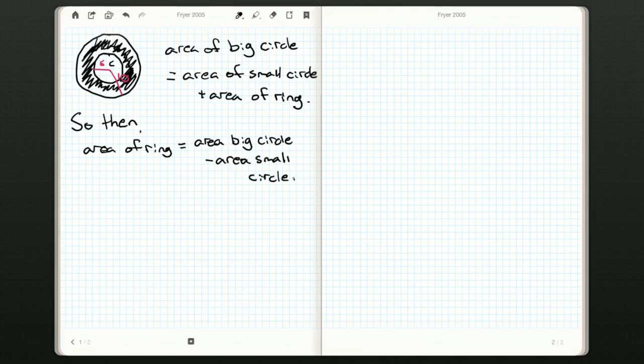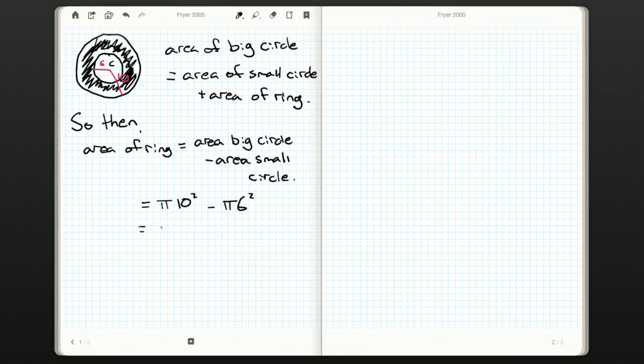We realize that to get the area of this ring in here, we just take the area of the big circle minus the area of the small circle. Okay. Area of the big circle, well, it's got radius 10. So we know pi r squared is the area of a circle. So pi r squared, well, the radius is 10. And we have to subtract off the area of the small circle. Well, the small circle has radius 6. So pi 6 squared. And now we can expand this out.